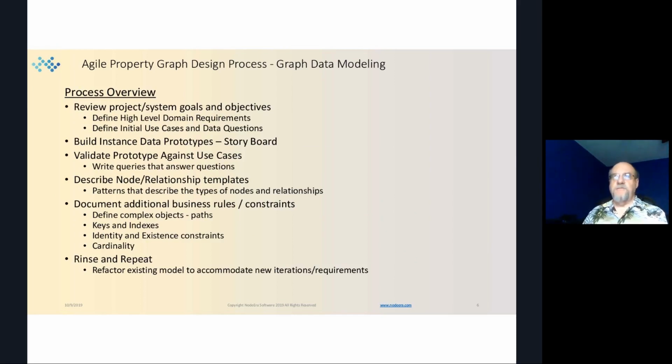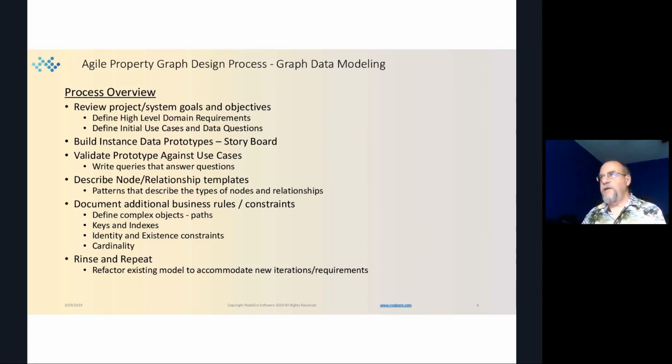All right, so let's take a quick linear view at the process. It starts with looking at our objectives. We're going to create some high-level domain requirements. That's to say, what is the subject area and what are the main entities in the application, writing use cases and data questions.